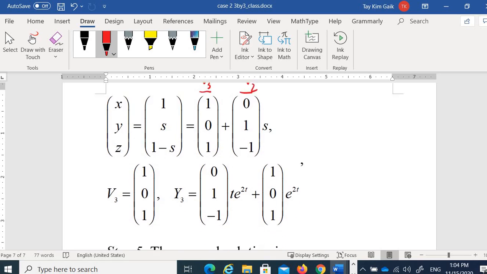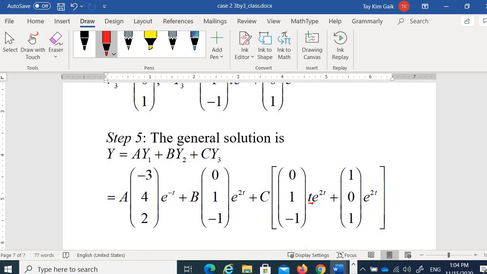Hence, the general solution for your homogeneous system is a v1 exponent lambda 1 t, where lambda 1 is negative 1, plus b v2 exponent lambda 2 t, lambda 2 is 2, plus c times the repeated eigenvalue's same eigenvector v2 multiplied by t exponent 2t, plus your v3 exponent 2t, because your lambda 2 is 2.